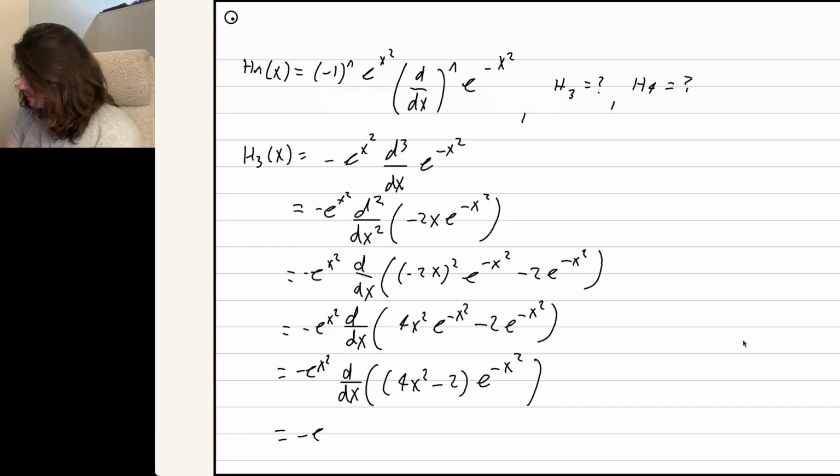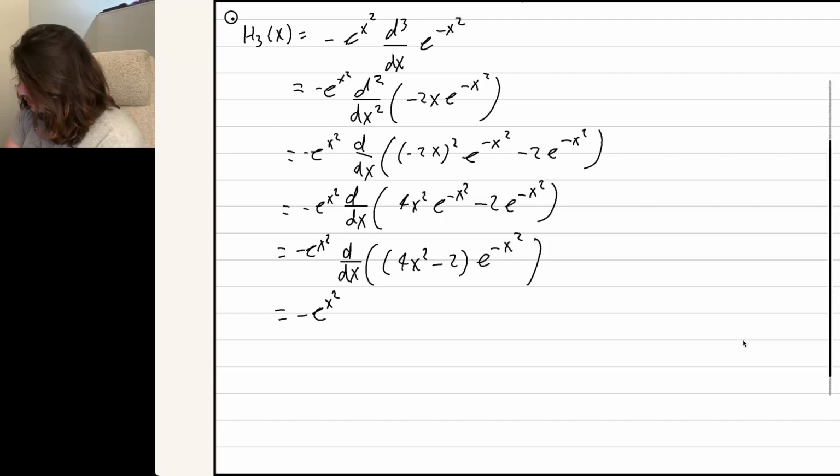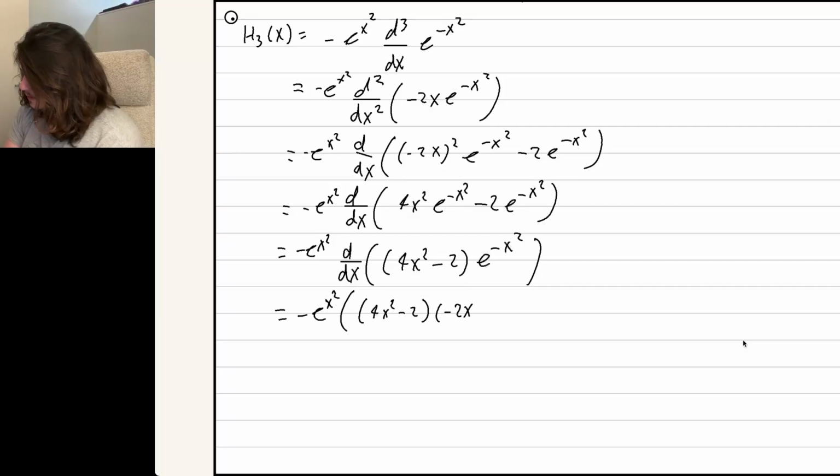Then actually do the derivative, so minus e to the x squared, and then it's 4x squared minus 2 times negative 2x times e to the minus x squared, so plus 8x times e to the minus x squared.